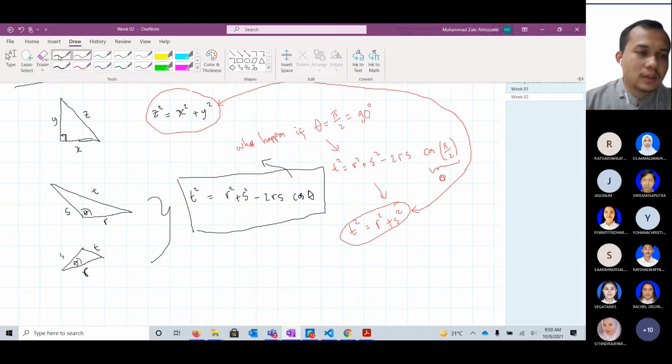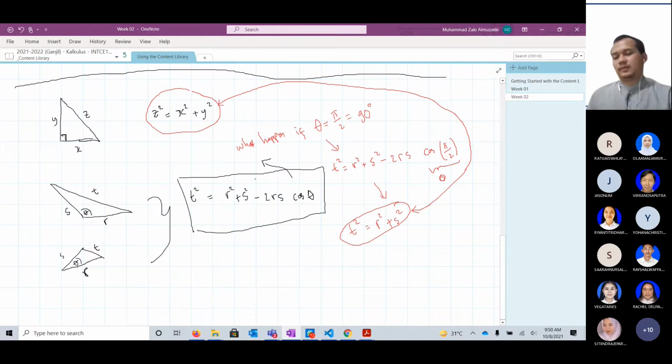So are they the same or are they different? They are the same, right? So if we have theta to be pi over 2 or 90 degrees, then we have exactly the same form of formula. We basically get the Pythagoras formula.